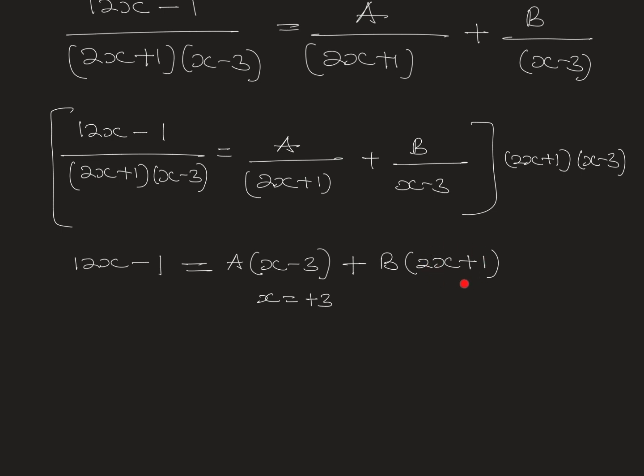How can I make this side 0? By making x equal to negative 1 over 2, such that 2 times negative 1 over 2 plus 1 will be negative 1 plus 1, that will be 0. You see that? So that point is very important.